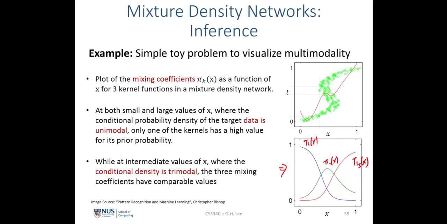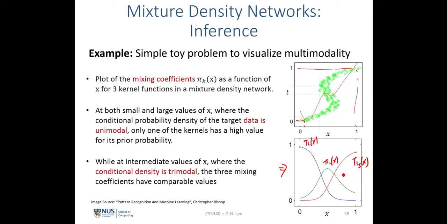We can see that for both small and large values of x, there is a very high probability of a certain component respectively, because from the data distribution there's indeed only one unique solution for both small and high values of the input x.